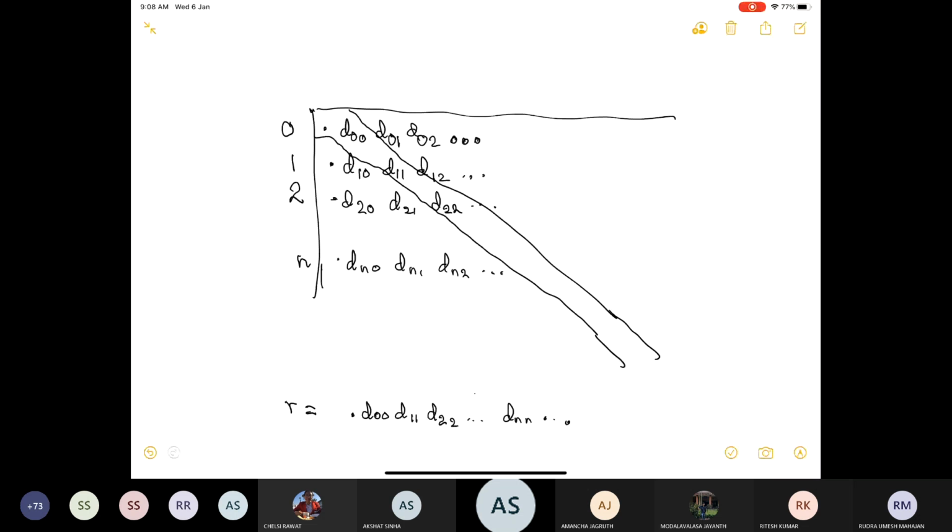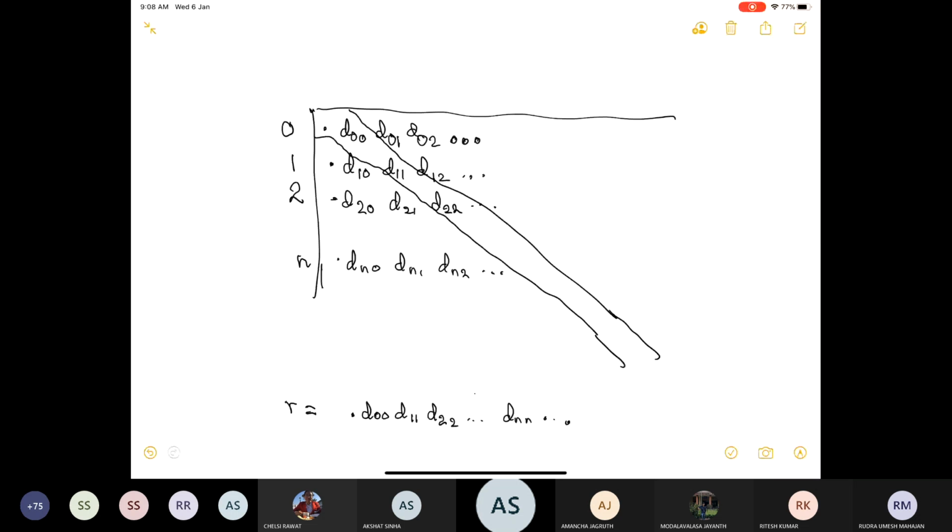So for instance, we can add 1 to each of these digits, right? So 0 will become 1, 1 will become 2, and so on. And for 9, we change it to 0. Okay. This is just one way of doing it. There are many other ways.